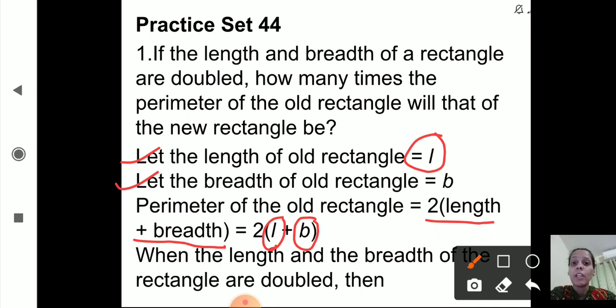Now we have to find the perimeter of the new rectangle. So what are the length and the breadth of the new rectangle? In the question it is given that the length and breadth of the rectangle are doubled.